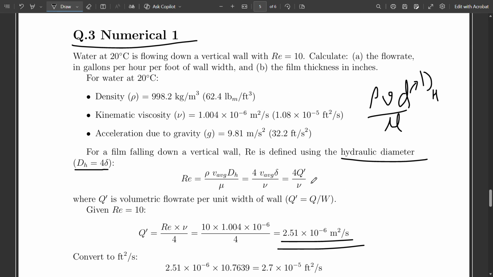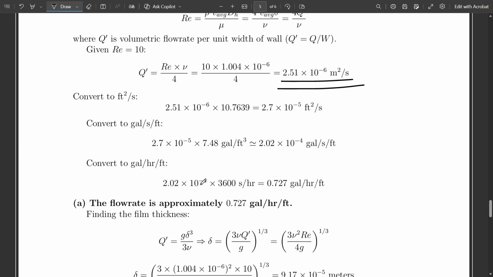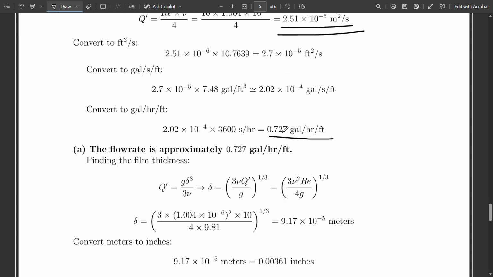In the question it is asked to calculate it in gallons per hour per foot, so here are some unit conversions. First convert to feet squared per second, then gallons per second per foot, and then gallons per hour per foot. So we get 0.727 gallons per hour per foot as the volumetric flow rate of the film on the plate.